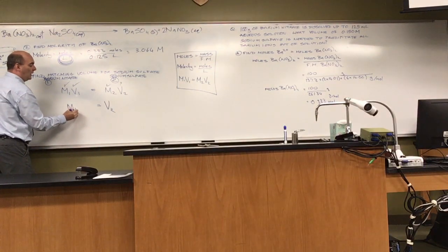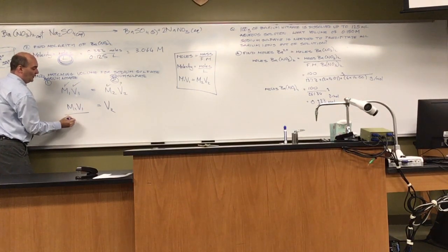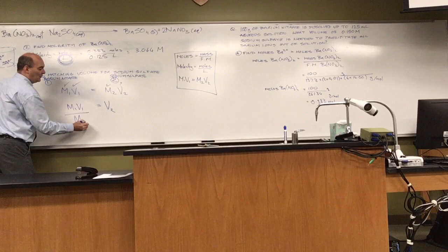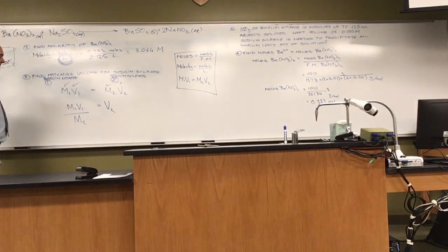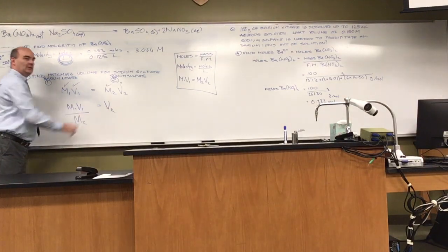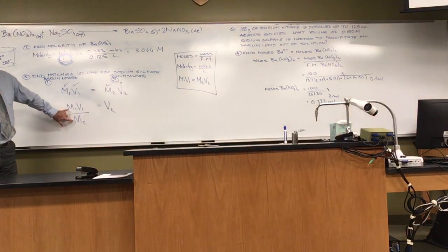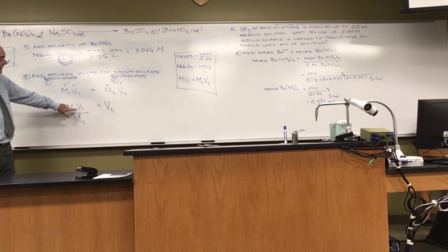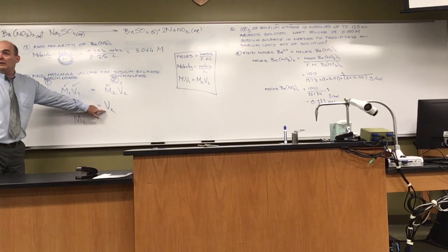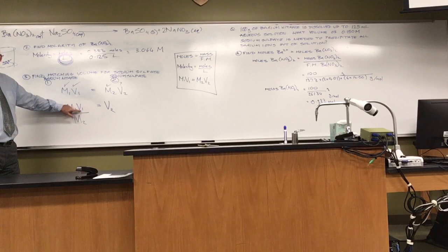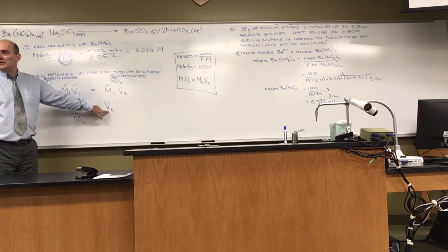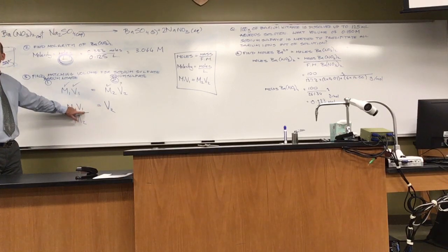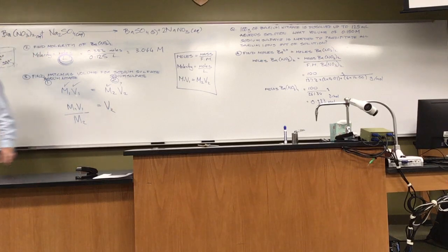So M1V1 over M2 is equal to V2. The molarities are going to cancel each other out, right? And the units for that volume are going to carry forward. So if you put that volume in liters, your answer comes out in liters. If you put that as milliliters, it comes out as milliliters.